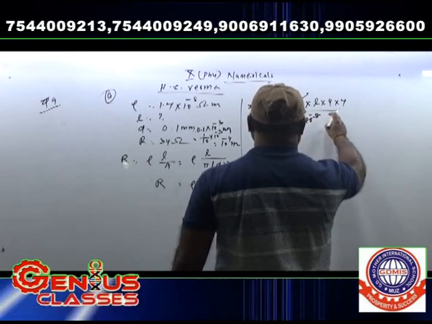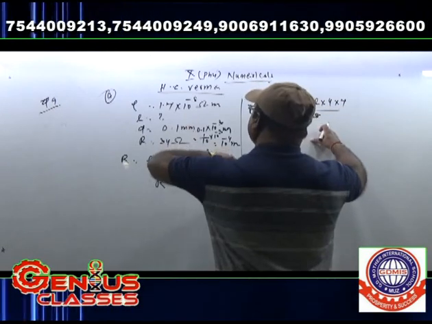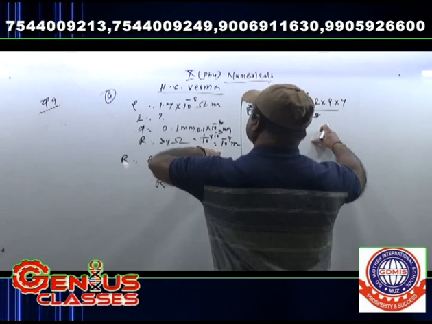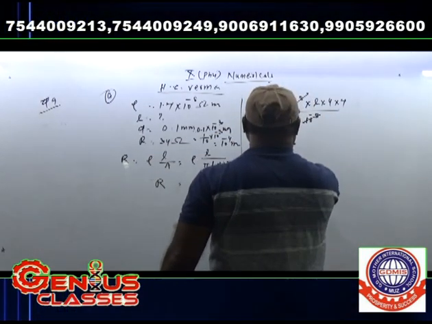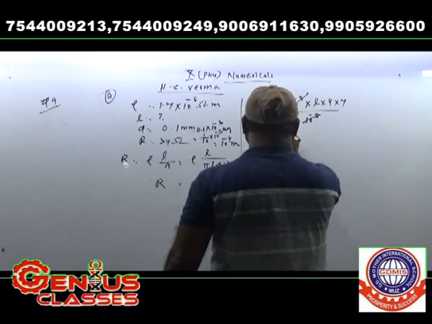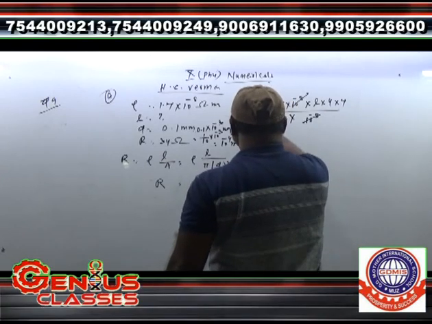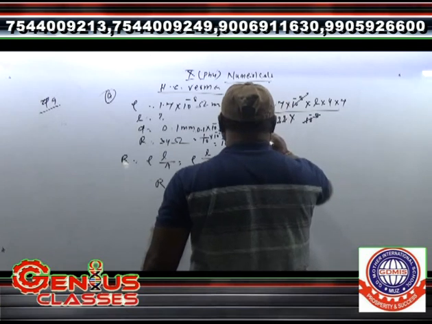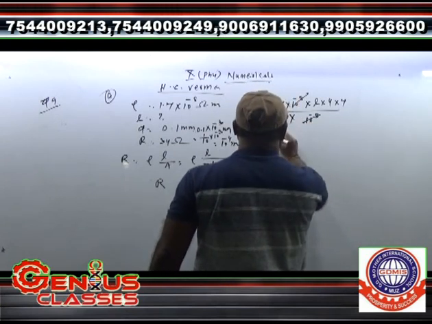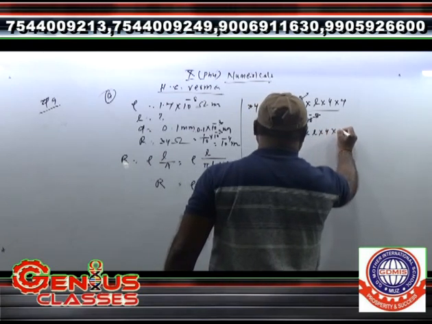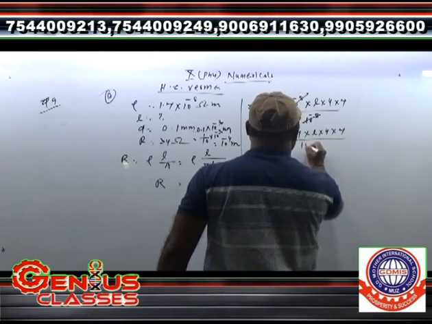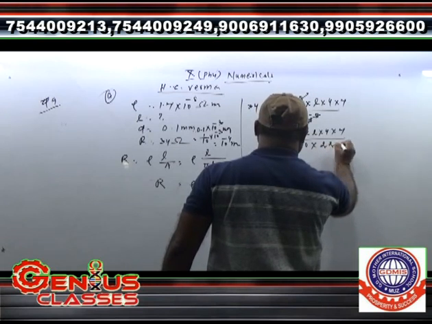So we can write 34 equals 17 into L into 4 into 7 by 10 into 22.